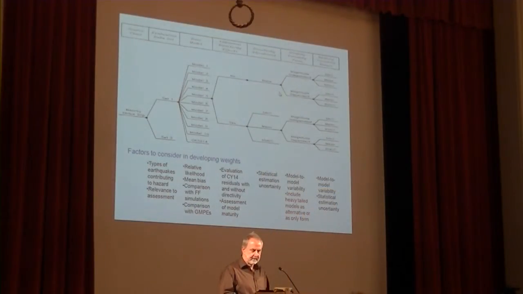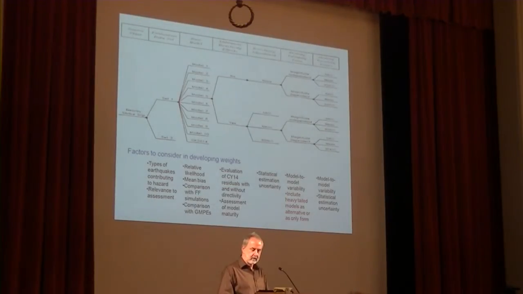And then this will all be representing the median models, and as for all the other cases, we'll have separately an assessment of the epistemic uncertainty on the aleatory variability.